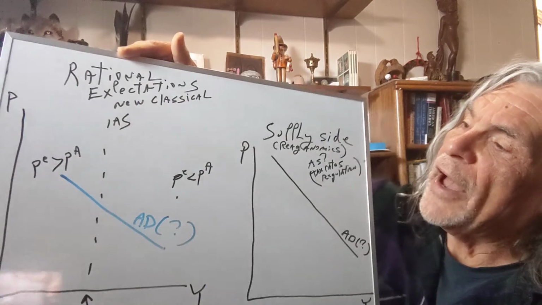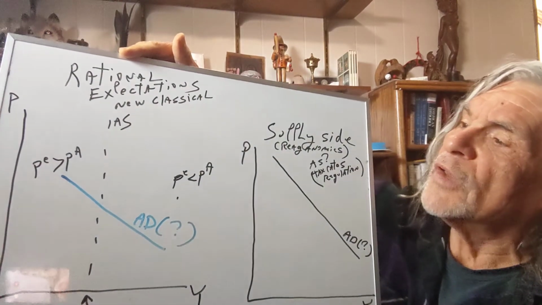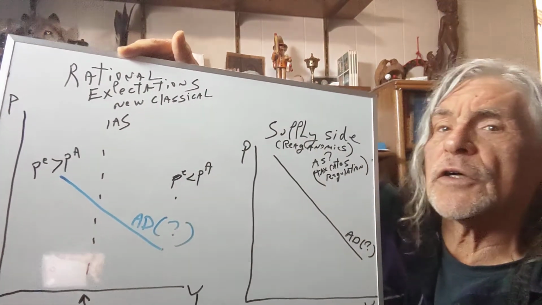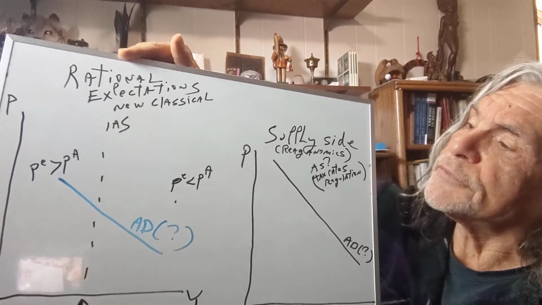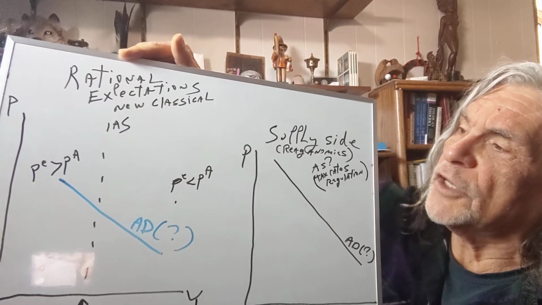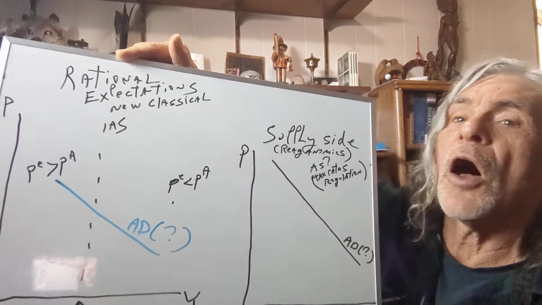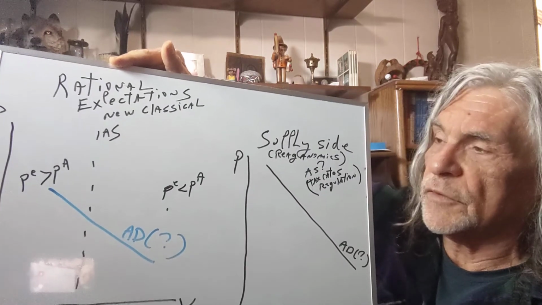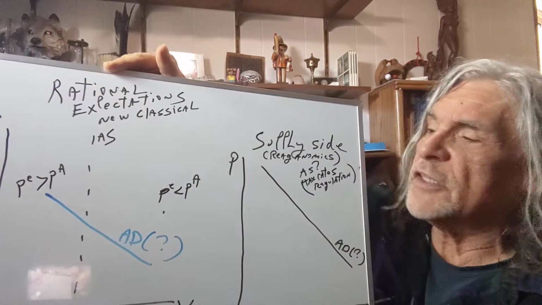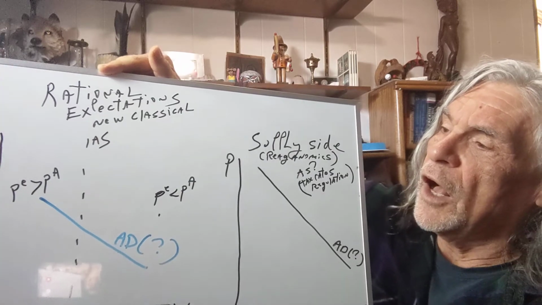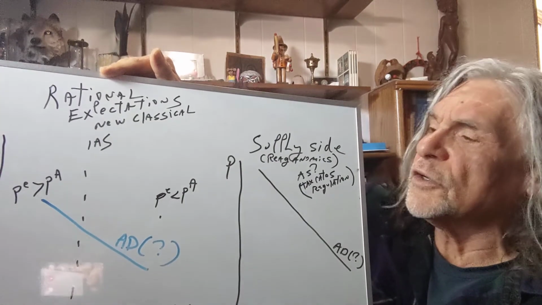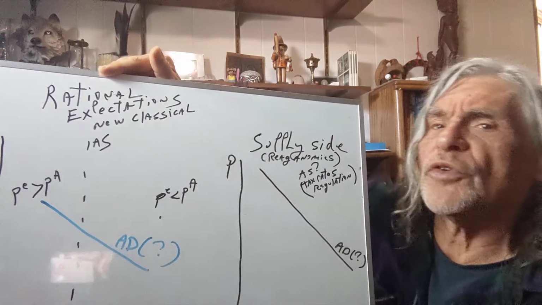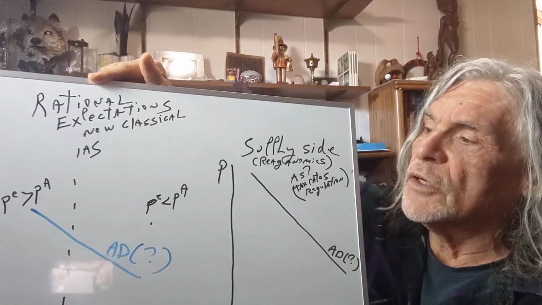Okay? Aggregate supply is vertical in the short run for rational expectations economists on average. Okay? So for rational expectations, unlike the classical, workers don't know the real wage.